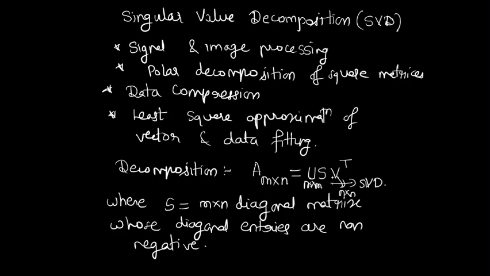So you can find the size this way: the number of rows is the size of U, whereas the number of columns is the order for V. The order of the matrix A is the same as the order of S, which is a diagonal matrix whose diagonal entries are non-negative.